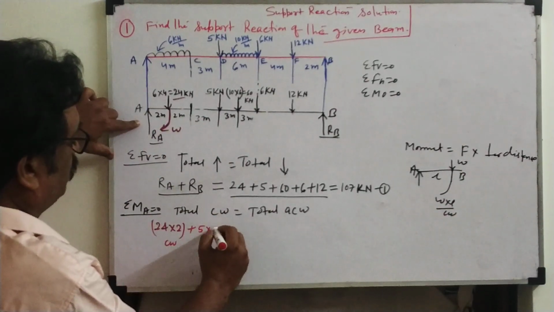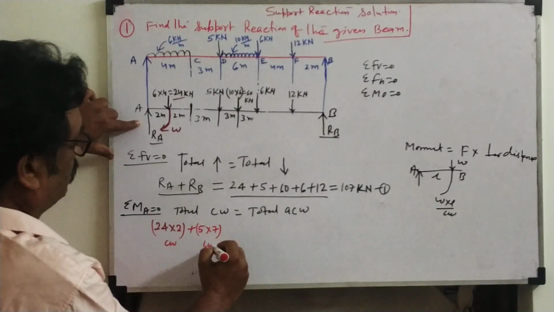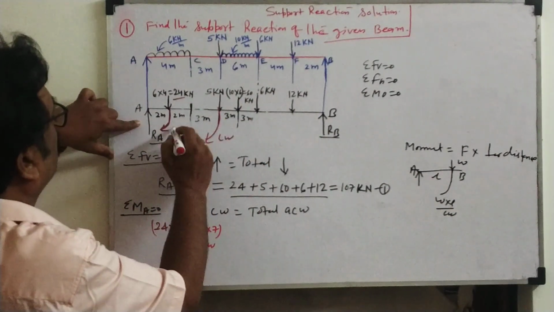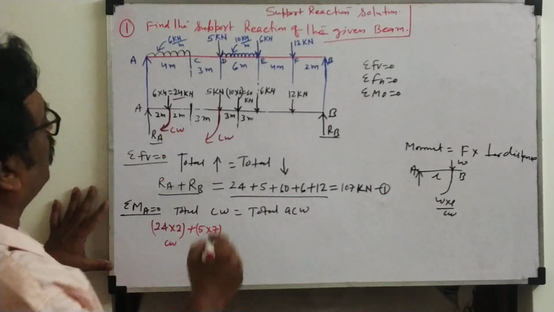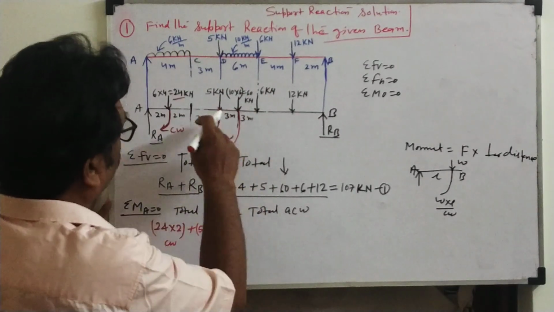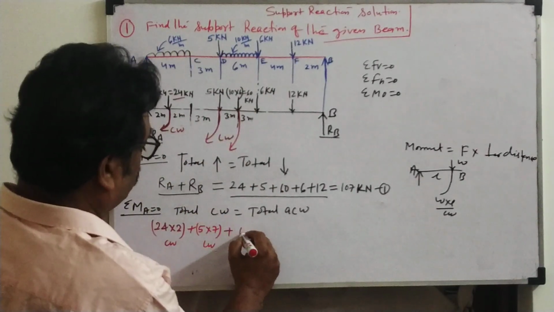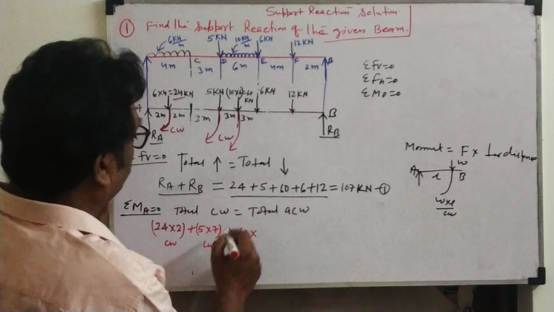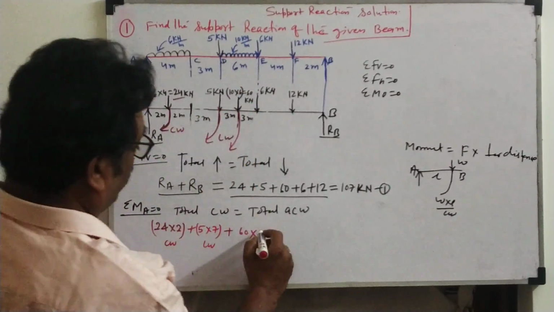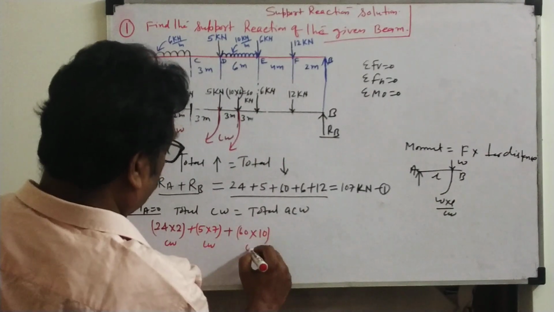So 5 into 7. The rotation is clockwise. Now the next load is 60. The rotation is clockwise. 60 into, what is the length? 3 plus 3 plus 4, 10. This is also clockwise.